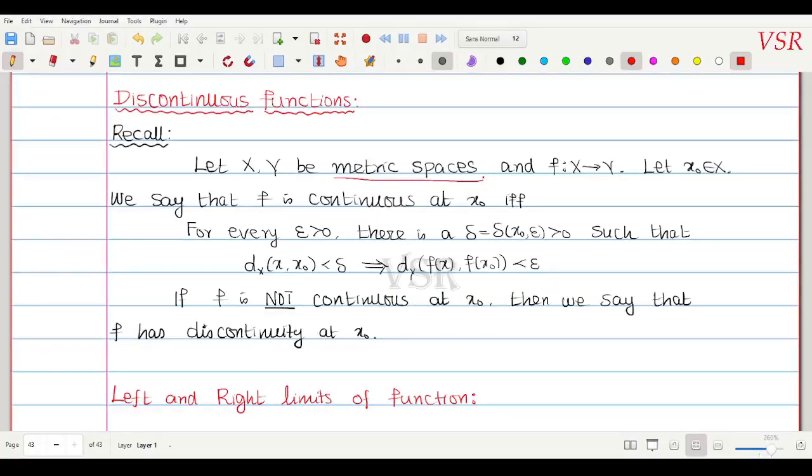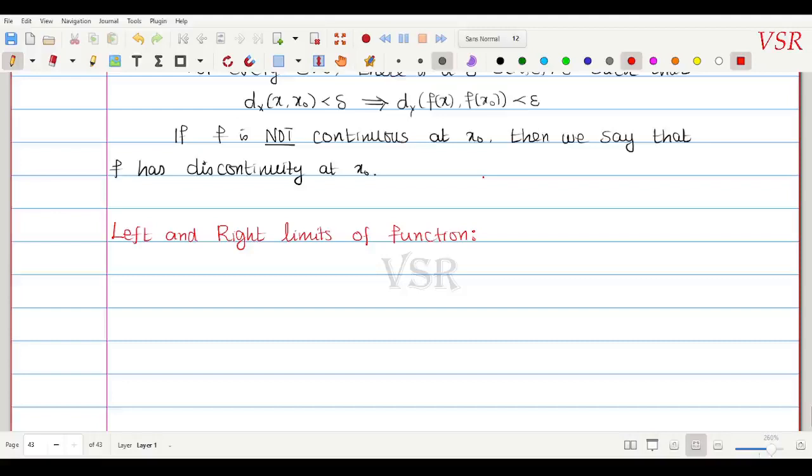So all my discussion here is about f a function from some open interval in R to R. We are going to discuss discontinuity whose domain is R, only in R, not about metric spaces. So let us go to the definition.